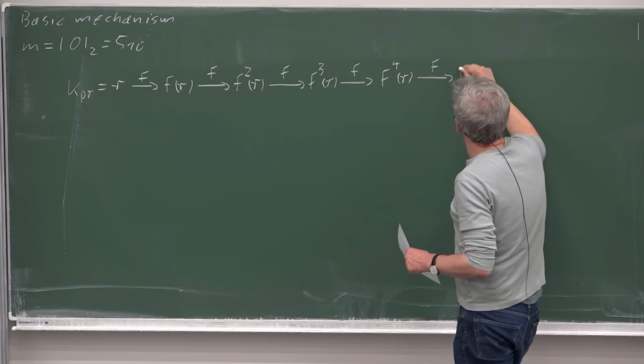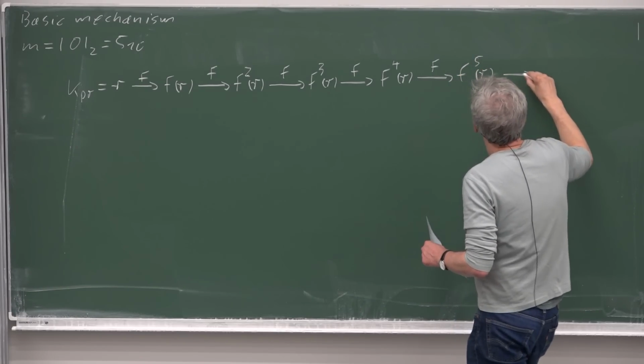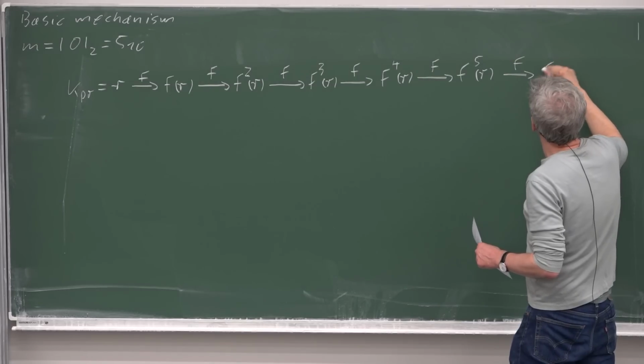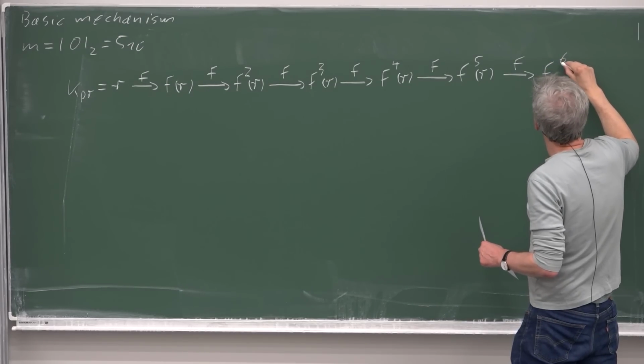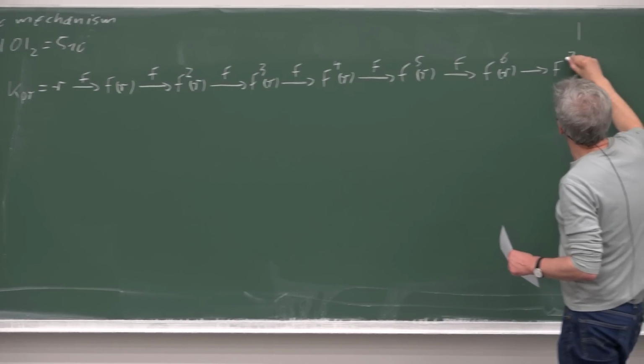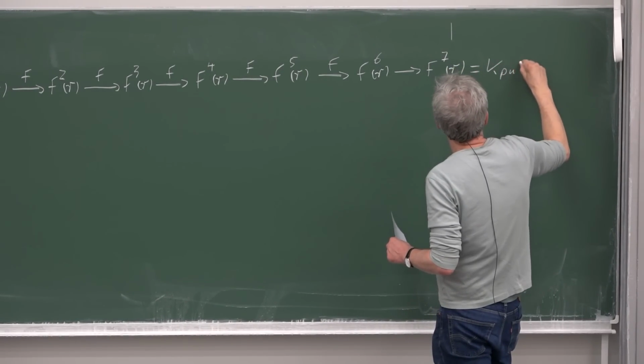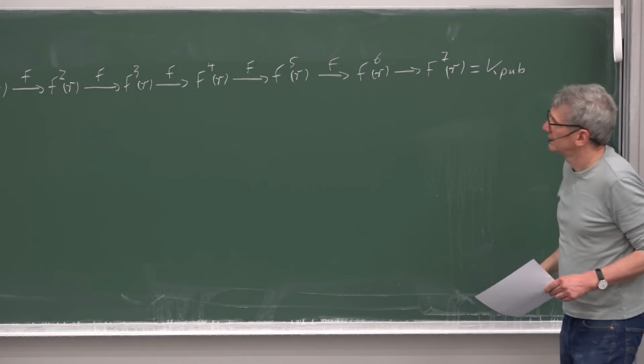This is F to the 5th. Again F to the 6th, and F to the 7th of R. And this is K public.